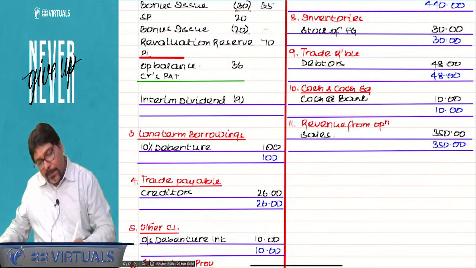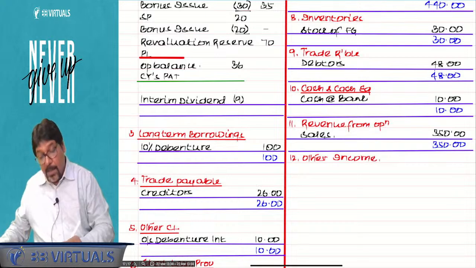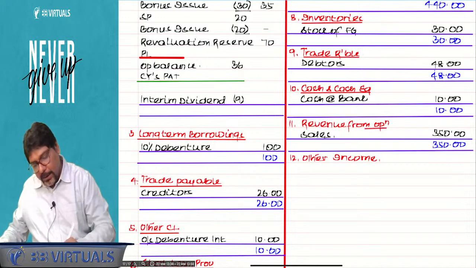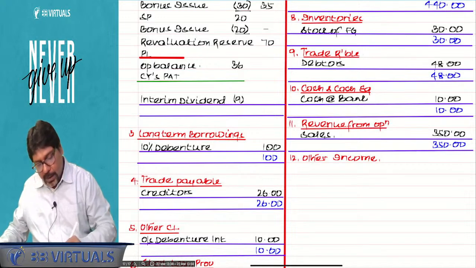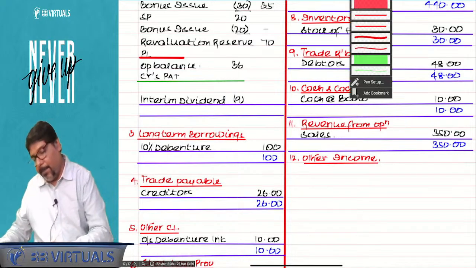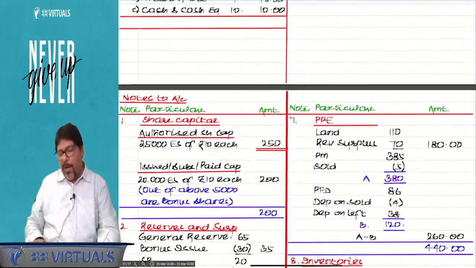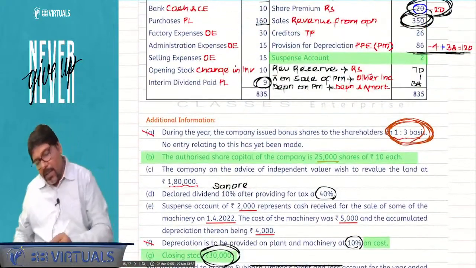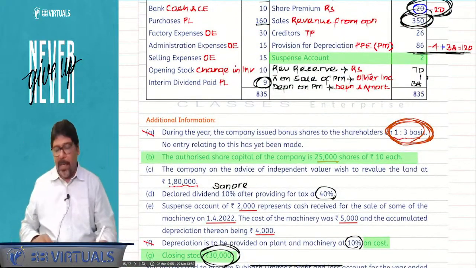Other income, 12. Other income. In other income we have profit on sale of plant and machinery.